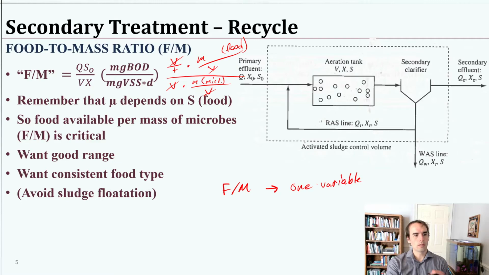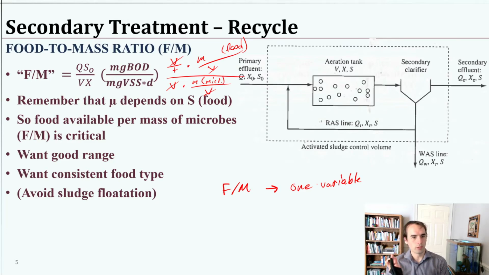This ratio is very important because it determines what type of microbes can thrive and reproduce. There are some microbes that, in order to compete with other microbes, do really well if there's food sometimes and not other times, for example.